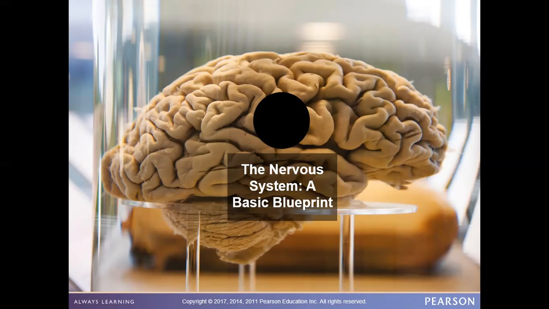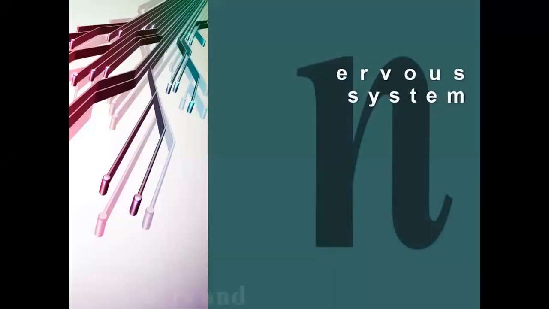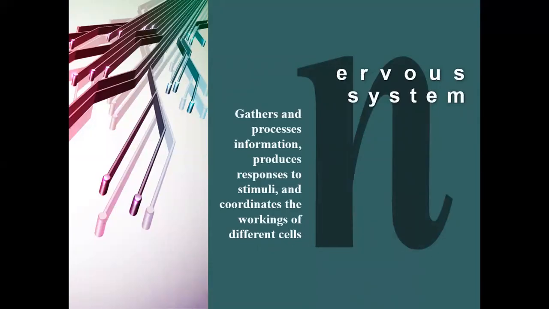So the nervous system, basic blueprint. I'm going to give you some terms and some terminology and some words, and then we're going to continue to further delve into what the nervous system actually does. So when I talk to you about the nervous system, what does it do?